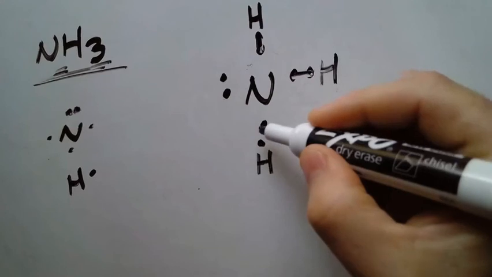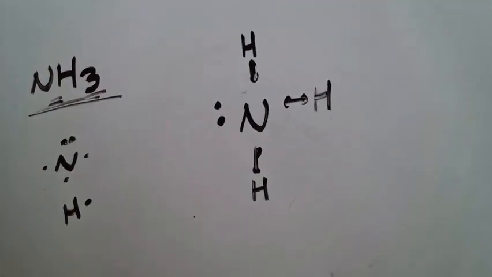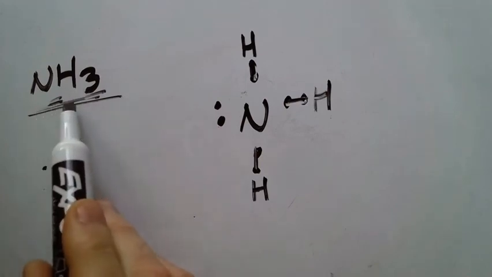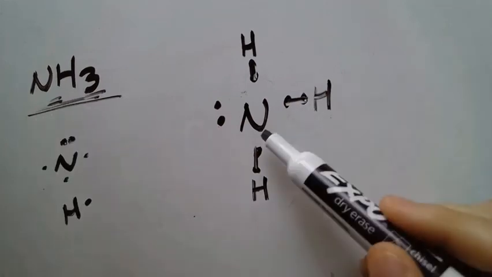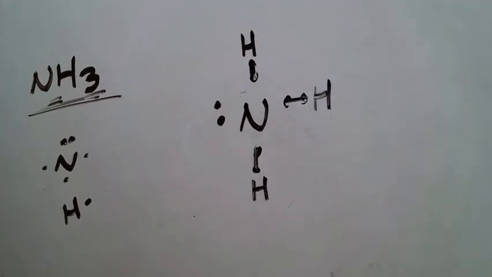I connect these, and this right here represents the Lewis structure for the molecule ammonia, NH3. It has nitrogen with 3 bonds attached to 3 separate hydrogens. All right? And that represents the simplest of the possibilities when you just have single bonds.